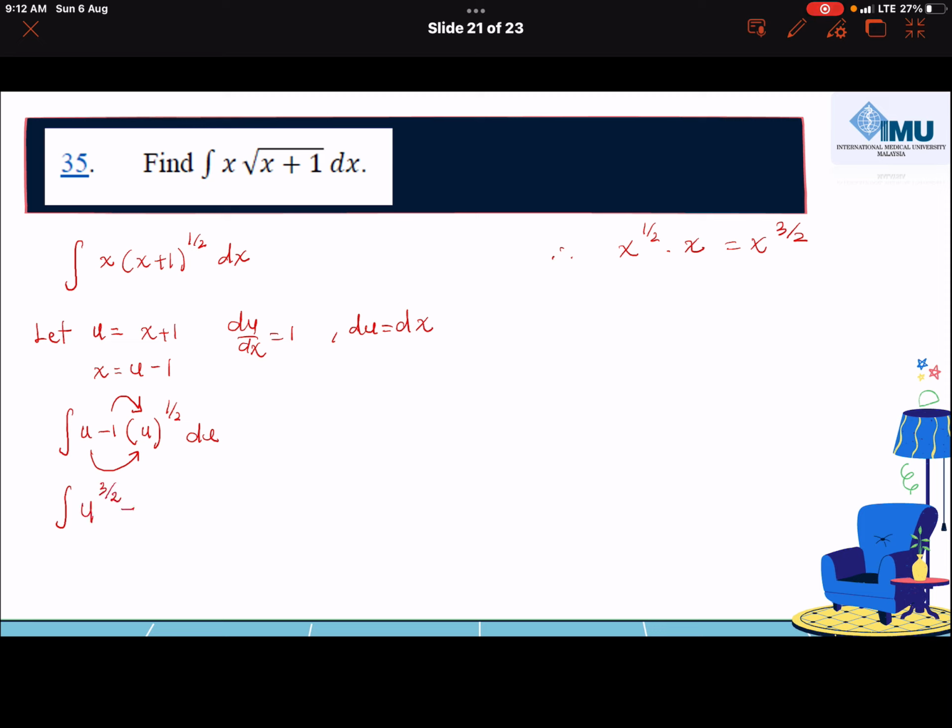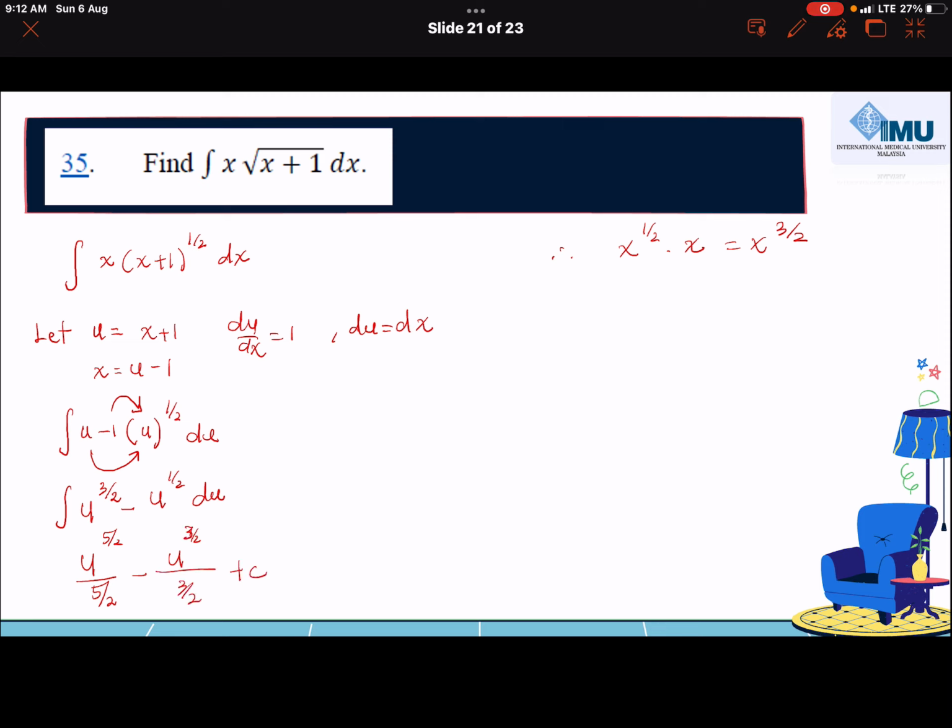Same goes here, negative 1 multiplied by u to the half becomes negative u to the half itself. Now it becomes a very simple function that you can directly integrate. The power will be added by 1: 3 over 2 plus 1 becomes 5 over 2, divided by 5 over 2. For u to the half, the power plus 1 becomes 3 over 2, divided by 3 over 2.